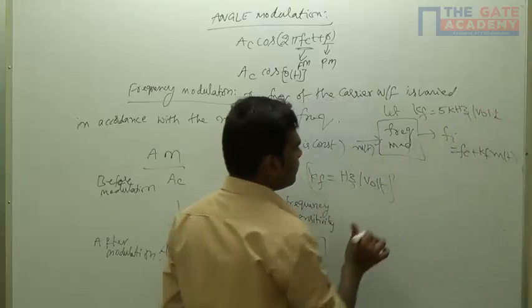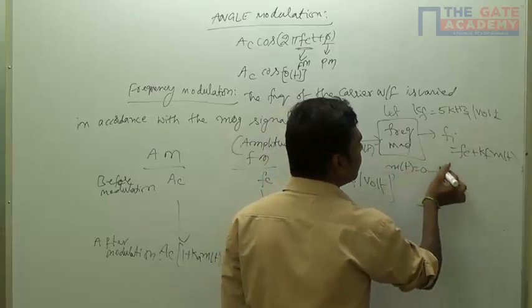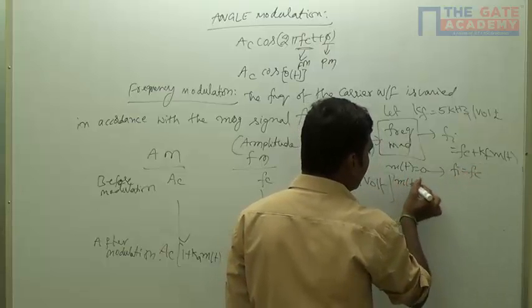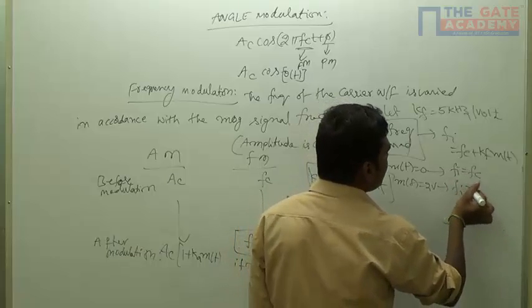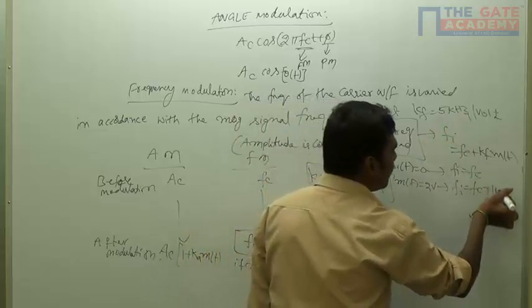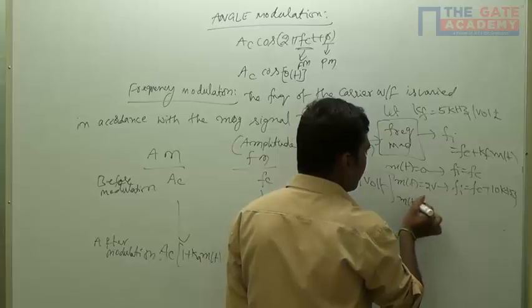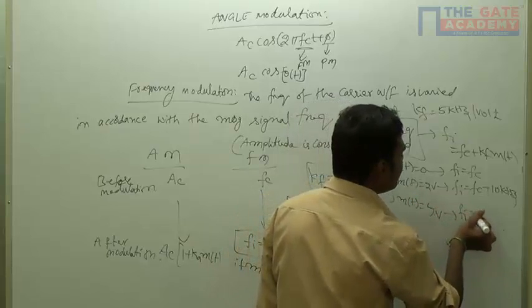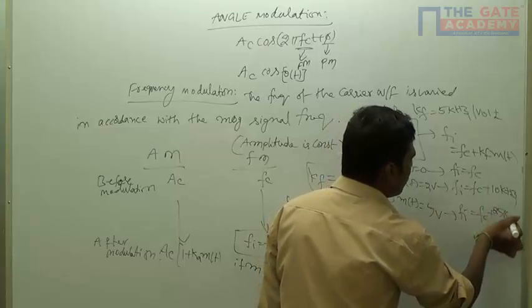If m of t is 0, fi is equal to fc. If m of t is 2 volts, fi is fc plus 2 into 5, which is 10 kilohertz. If m of t is 5 volts, fi is fc plus 5 into 5, which is 25 kilohertz.